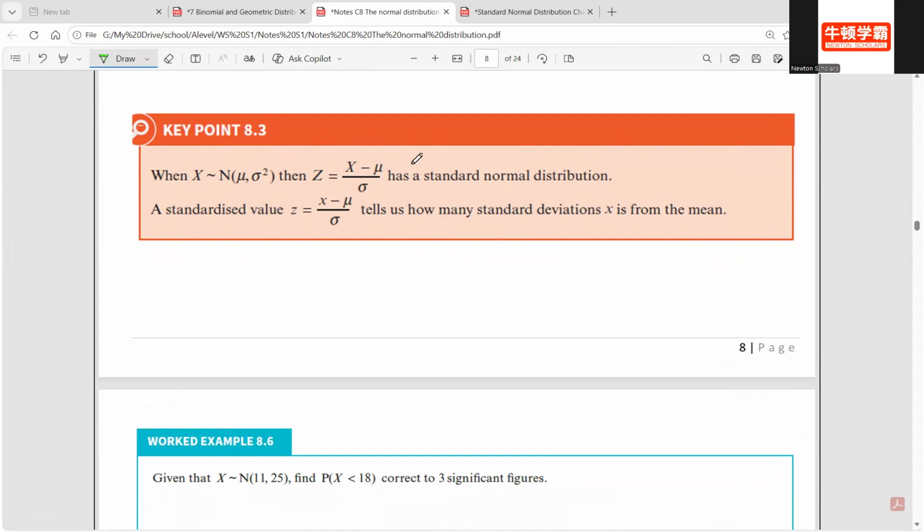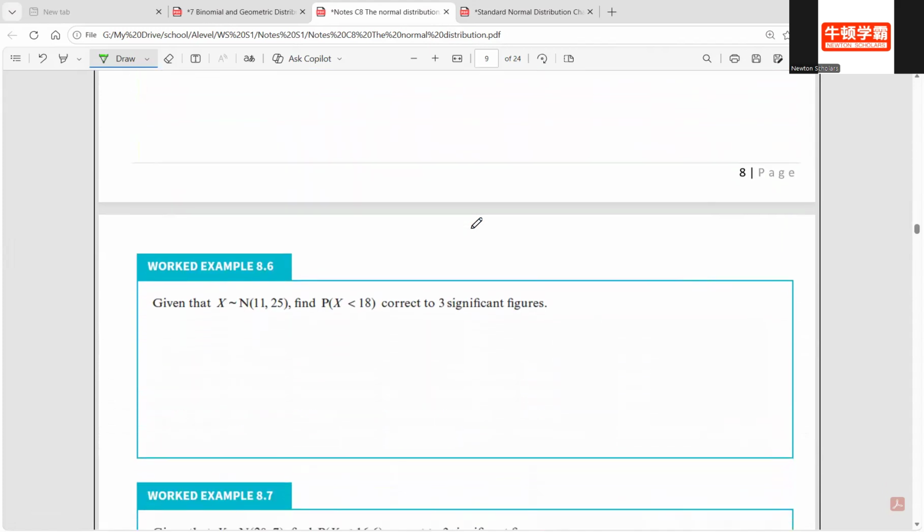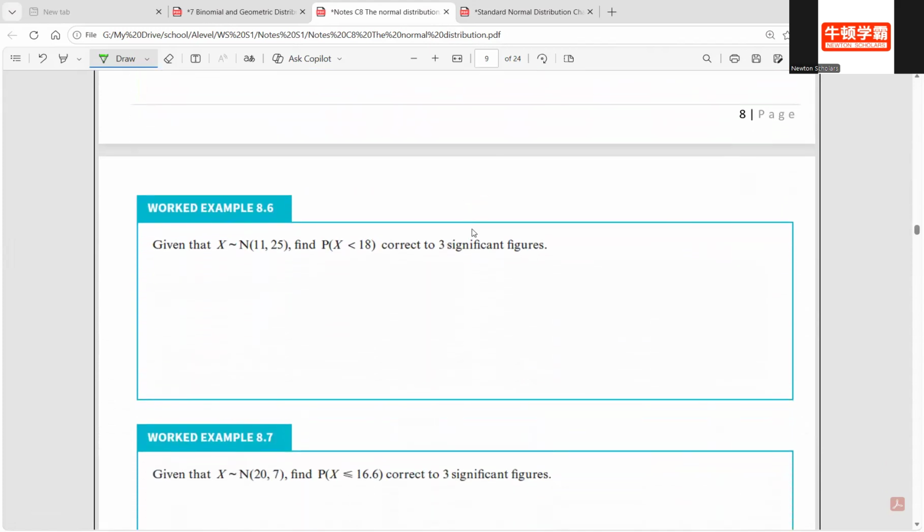So Z equals X minus mu over standard deviation. This one is my mu, this one is my variance, and this is my X. So P(X less than 18): now I change to the Z value. 18 minus 11 over square root of 25. You press the calculator and you get 1.4.